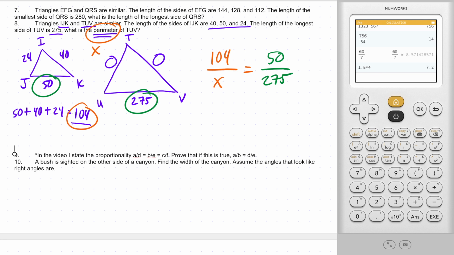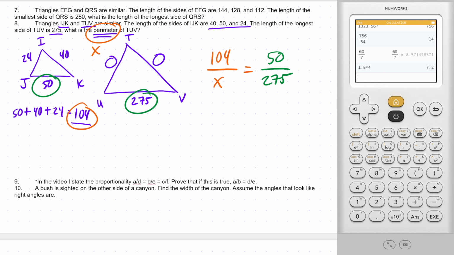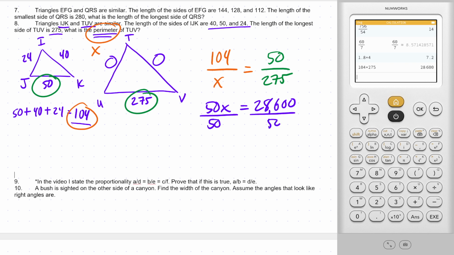So I cross multiply. Need a little more room just in case I run out of space. And I cross multiply and I get 50x is equal to, I'll go ahead and use the calculator here, not subject my brain to too much strain this early hour. There we go. So according to this, I get 28,600. So I'll divide both sides by 50 to get my value for x.